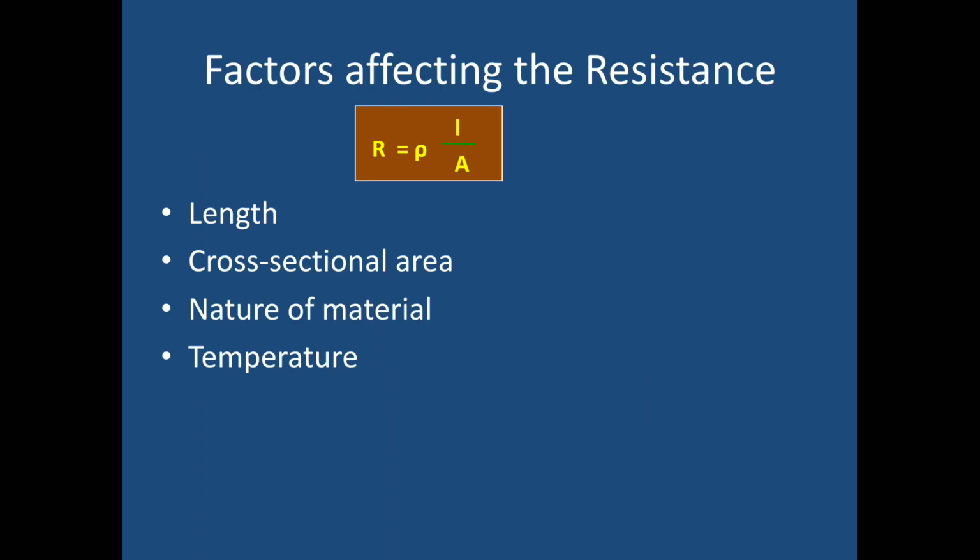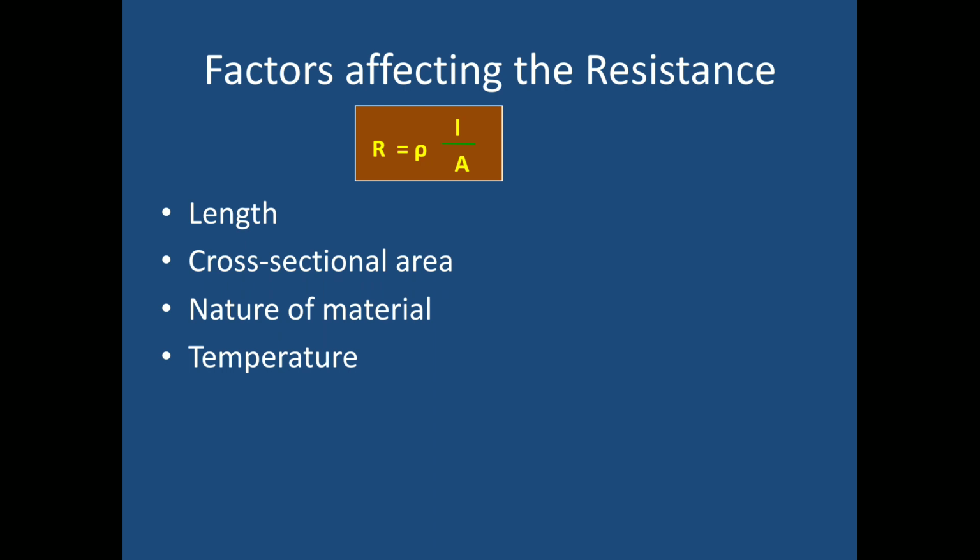Now let's talk about the factors affecting resistance. As R is equal to rho L by A, we say that resistance is directly proportional to the length of the wire. The more the length of the wire, the more will be the resistance. It is inversely proportional to the cross-sectional area. It also depends on the nature of material, because rho depends upon the nature of material.